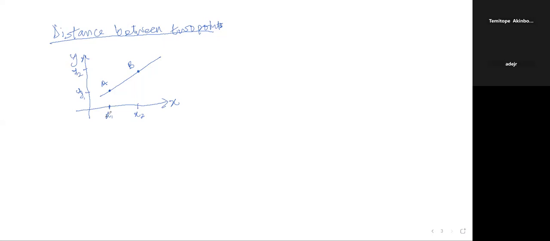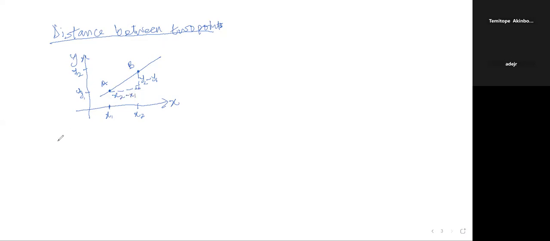To find the distance AB, or the length of AB, this length here is going to be y2 minus y1, and here x2 minus x1.